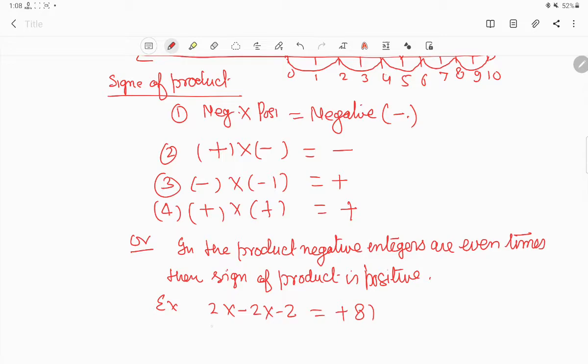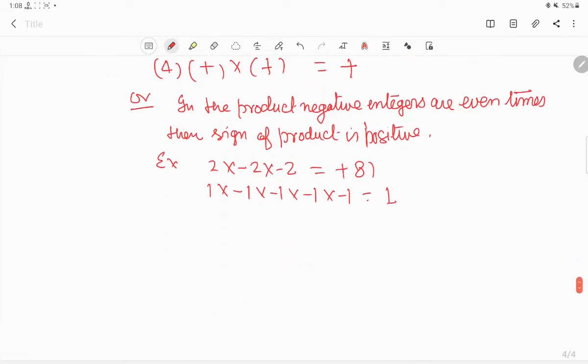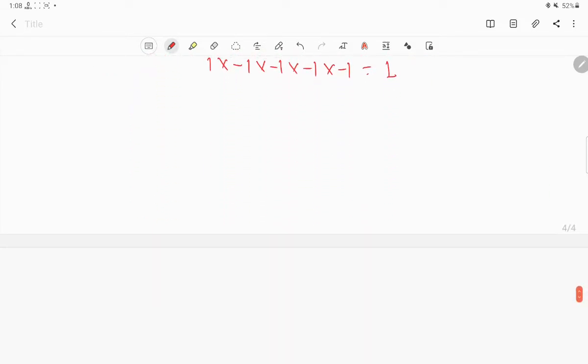Suppose 1 into minus 1 into minus 1 into minus 1 into minus 1, that is 4 negative signs, which is also even, then the answer is 1.